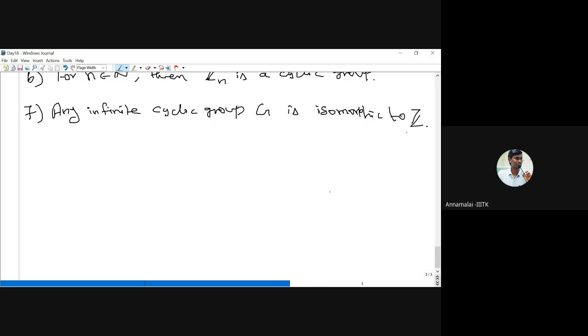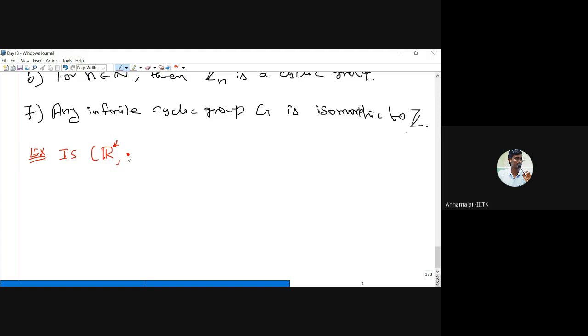Using this theorem, we can easily say whether a group is cyclic or not. Suppose I ask a question as an exercise: I am taking the non-zero real numbers, R star. R star means we remove 0 from the real numbers.